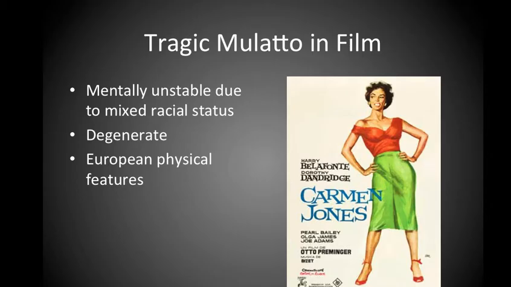Films displaying this stereotype include Lost Boundaries, Pinky, and Imitation of Life, for example. In these films, the mulatto woman, represented as the possession of features of European standards and beauty, and exoticism of the other, was adored for her beauty but tormented by her mixed race status, which was deemed as just punishment.